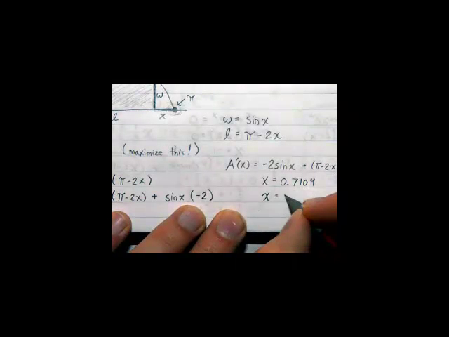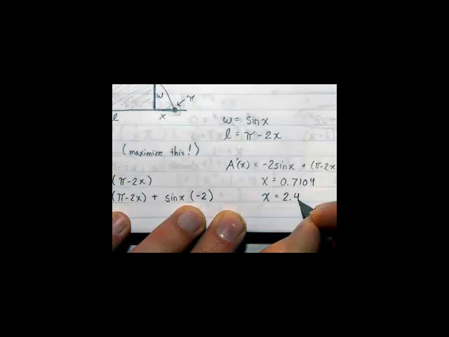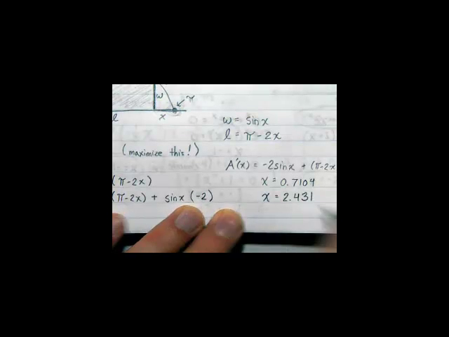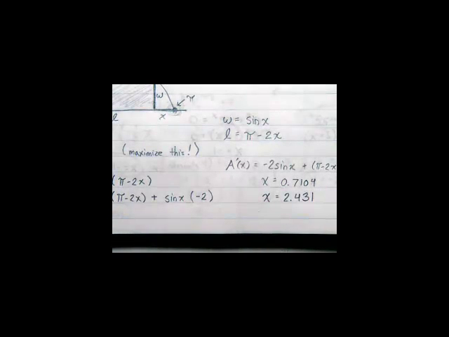Quickly find that one. All right. So the two solutions I found were 0.7104 and 2.431. One of those is going to be a maximum. One of those is going to be a minimum.